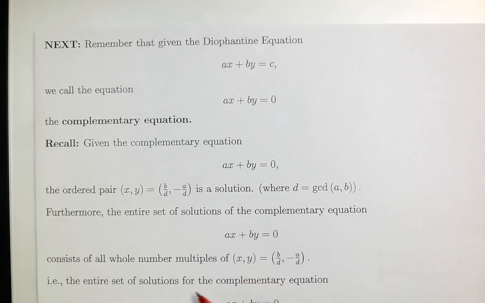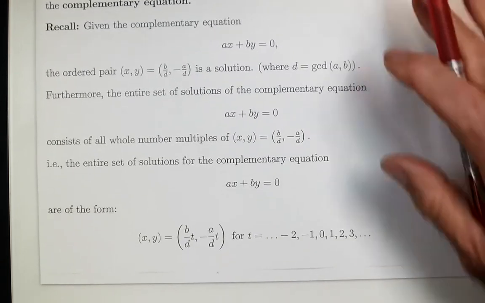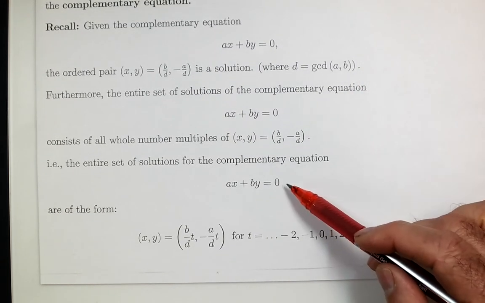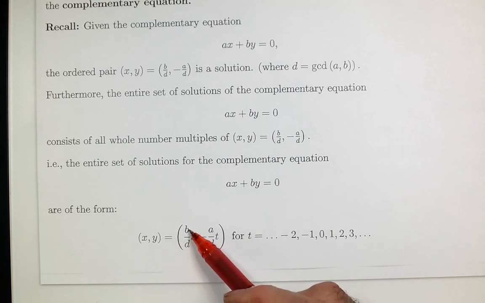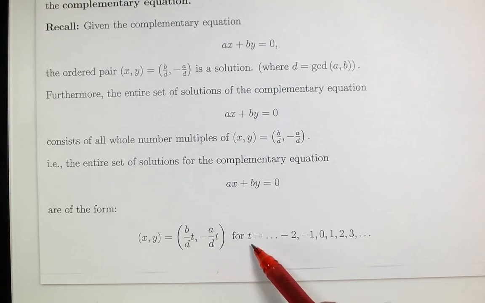So the entire set of solutions of the complementary equation are of the form (x, y) = (b/d t, -a/d t), where t is any whole number.